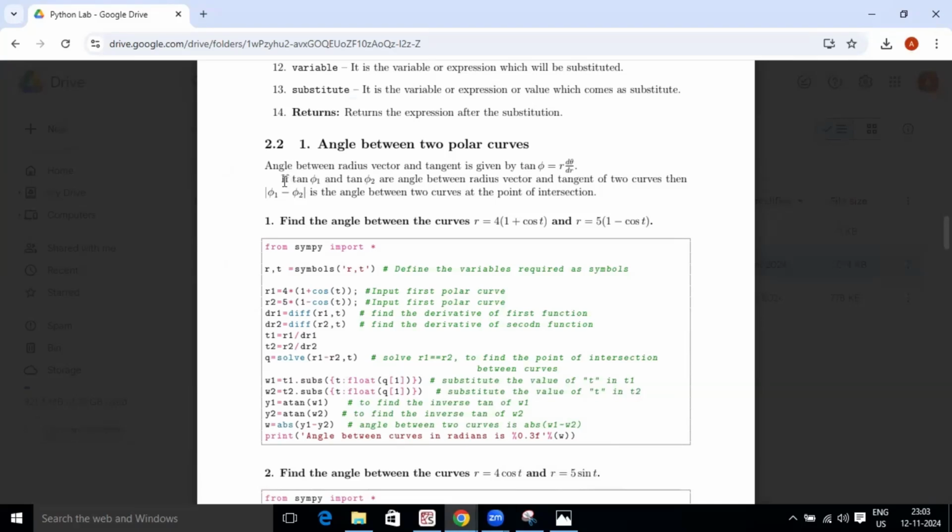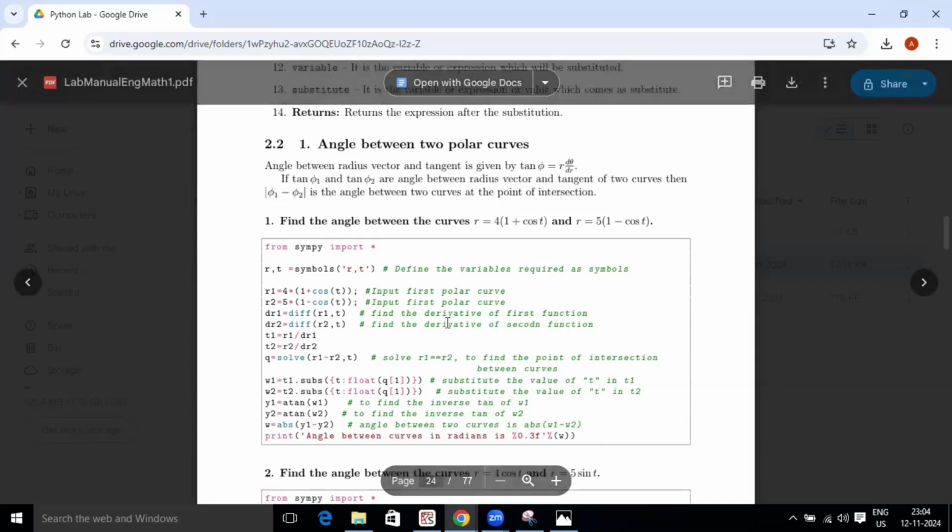And for the angle between two polar curves, if phi 1 and phi 2 are the angles between the radius vector and the tangent of two curves at their intersection point, then phi 1 minus phi 2 is the angle between the two curves at that intersection point.